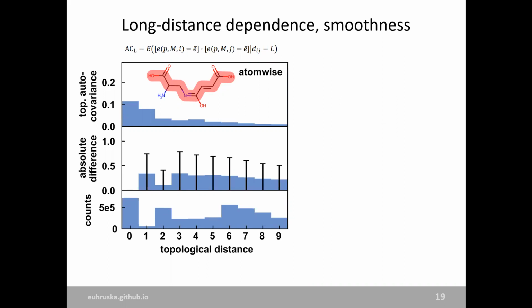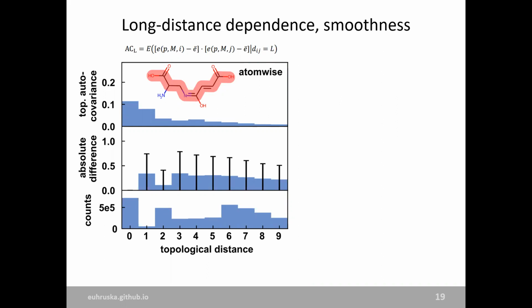If we just look at the absolute difference of the explanation value, then we have something slightly unexpected. The difference is higher for a distance of 1 bond than for 2 bonds. And this can be explained by the distribution of the molecules. There are a lot of methyl groups, which is just a carbon atom with 3 hydrogens.